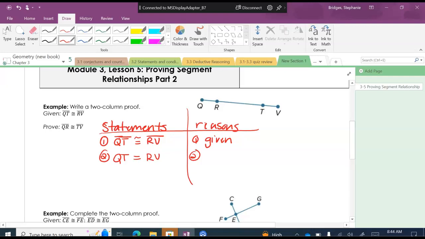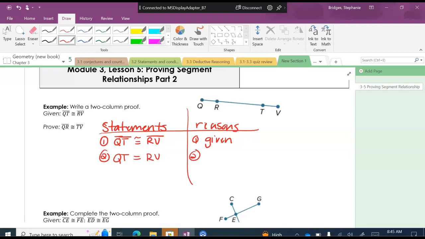And what definition we mentioned yesterday says that if they're congruent, then I can say that they're equal. It's a definition of congruence. What was one of the definitions we talked about in our notes yesterday?